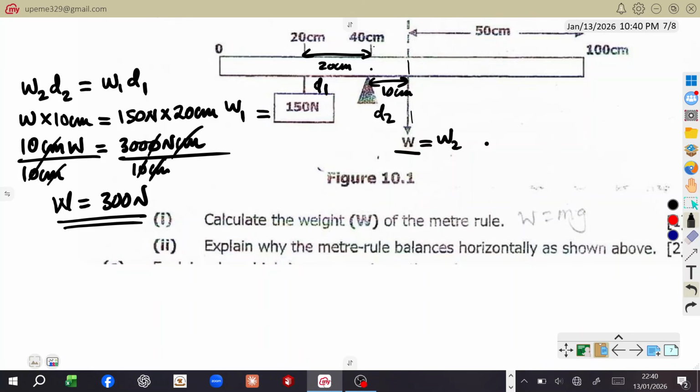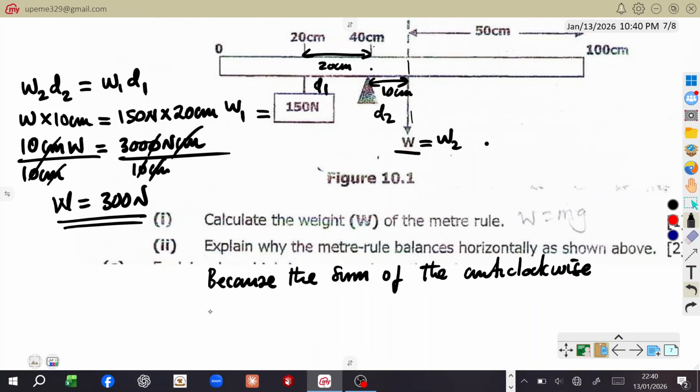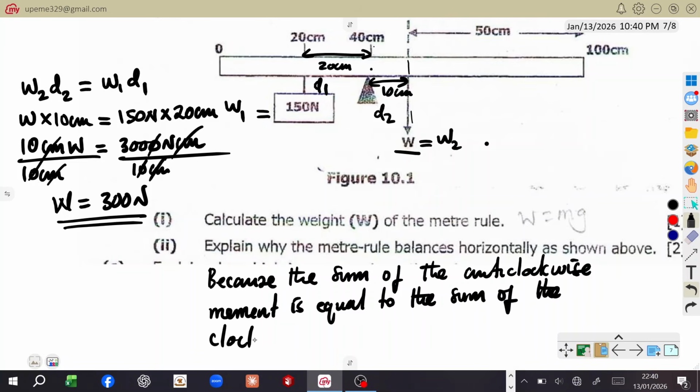So you say because the sum of the anticlockwise moment is equal to the sum of the clockwise moment.